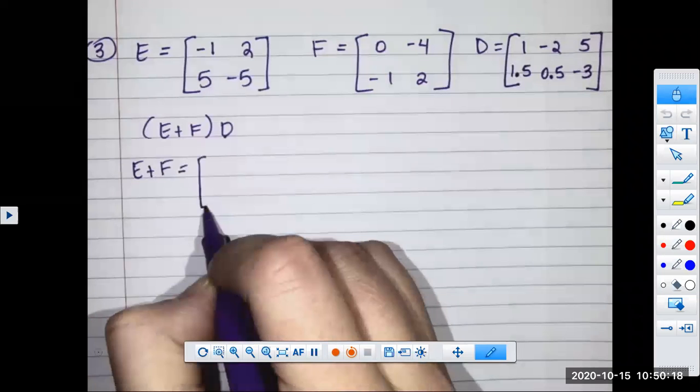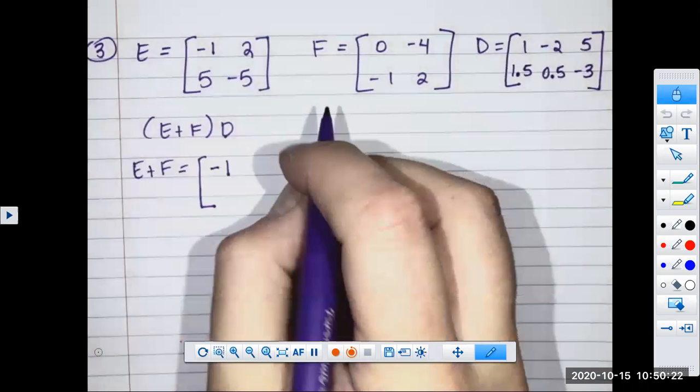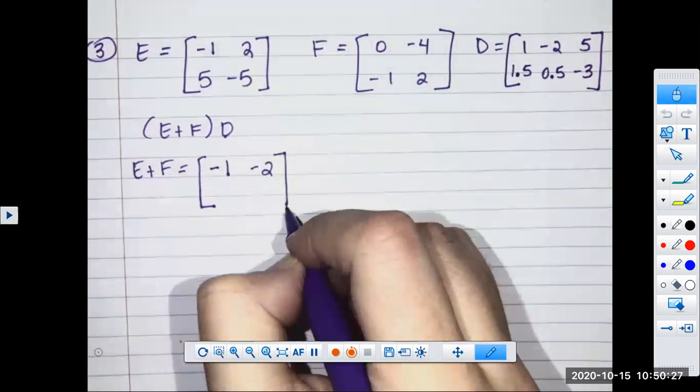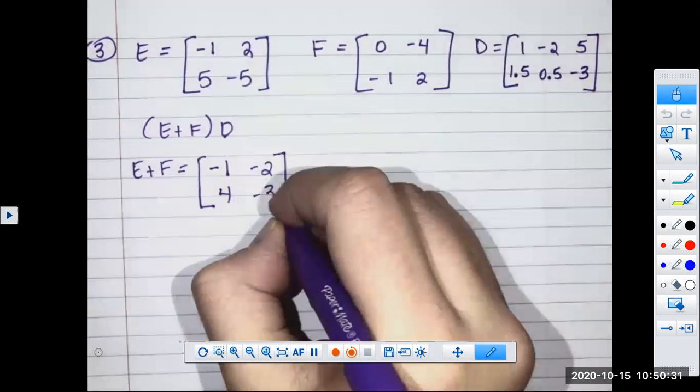E plus F, and once again, just add corresponding elements. So you get -1, and when you add those, that gives you -2. Add those, give you 4, and last but not least, add the remaining.